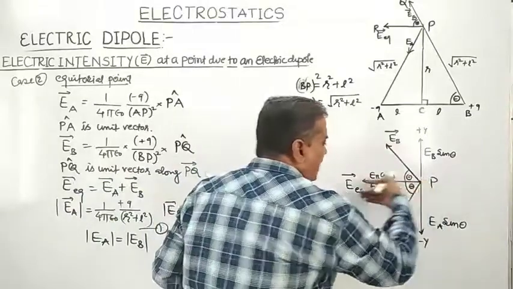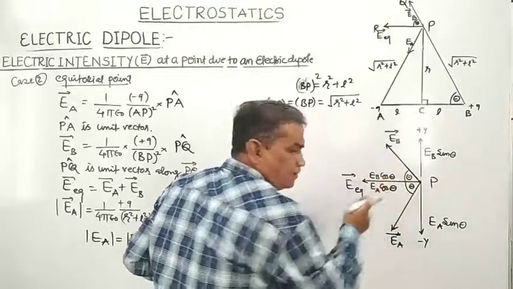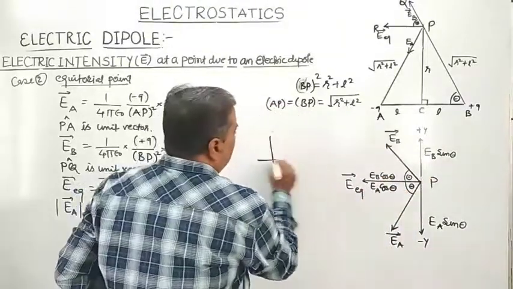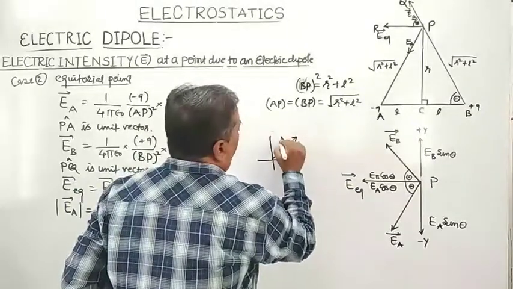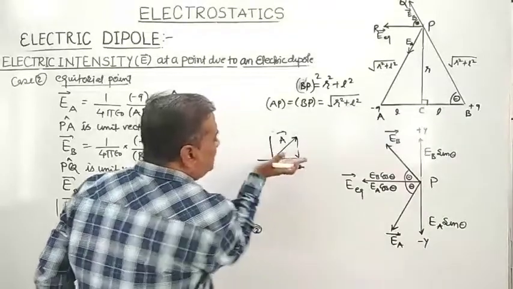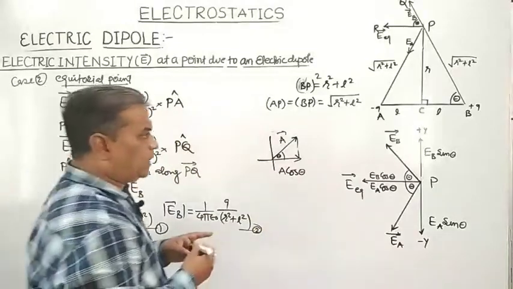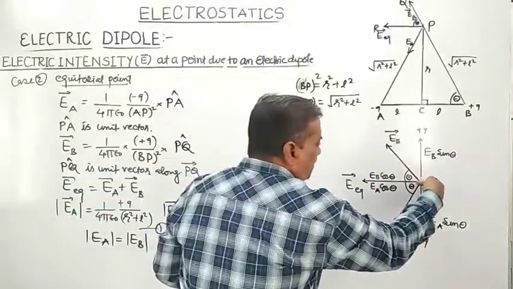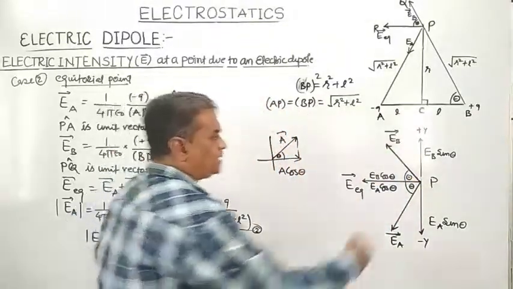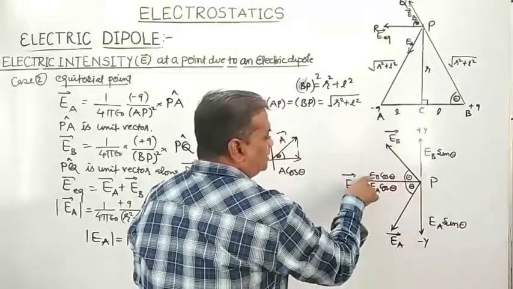See here, EB makes an angle theta with this component, and you know very well that whenever a vector is resolved into two components, that component which makes an angle theta with the given vector must be A cos theta. So one of the components of EB, which is along the diagonal of a parallelogram, as it makes an angle theta, therefore this component of EB along this direction is what?